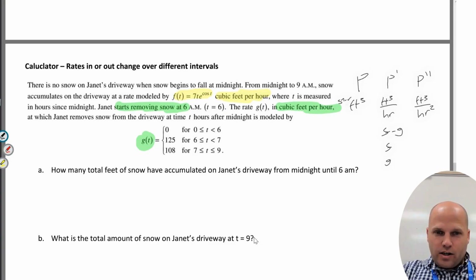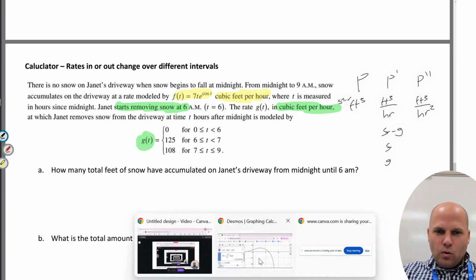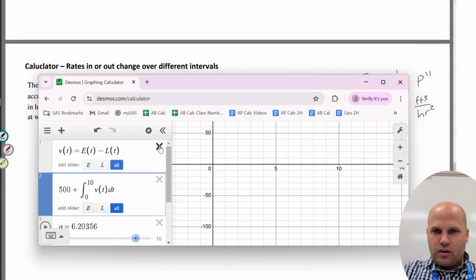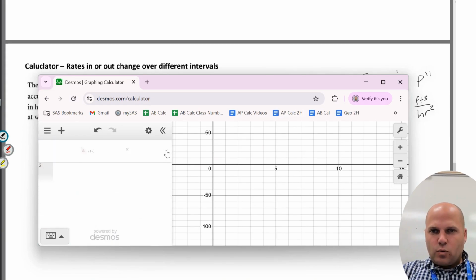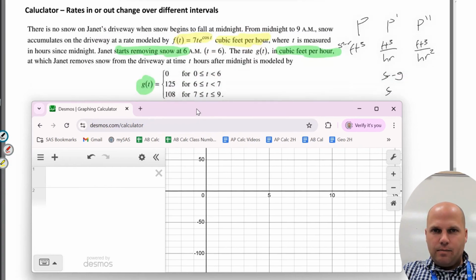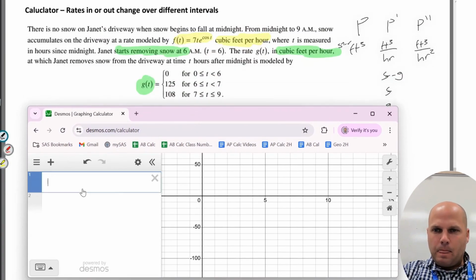Now, what's going on here? Well, we have a lot of velocities in play over different intervals. This is where restricting intervals is going to be so important. So let me show you how we do that, and we kind of did it for the first problem. We have this rate in.